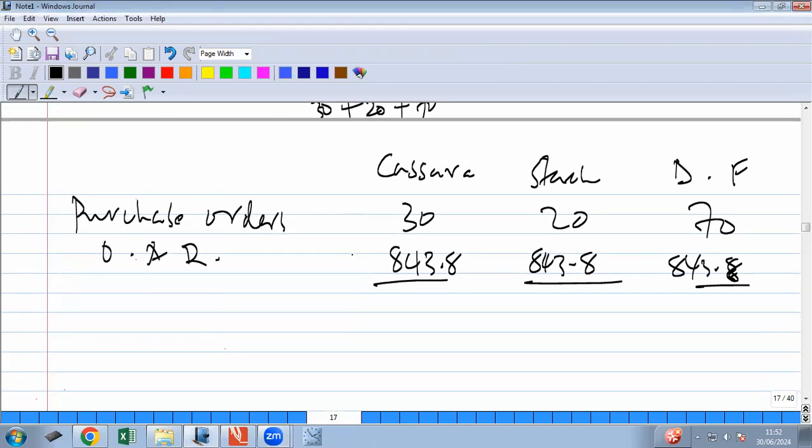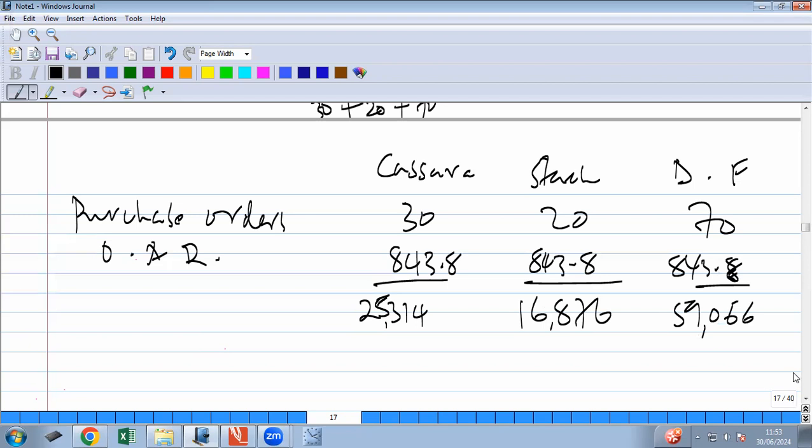So for cassava, we have 25,314 point, or just like that. 25,314. Then starch, then the other one, like this.